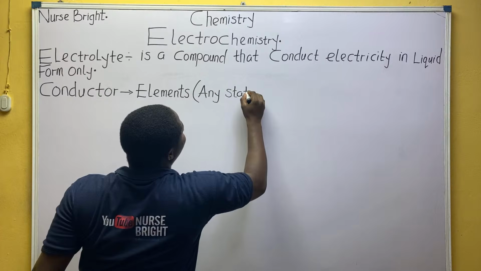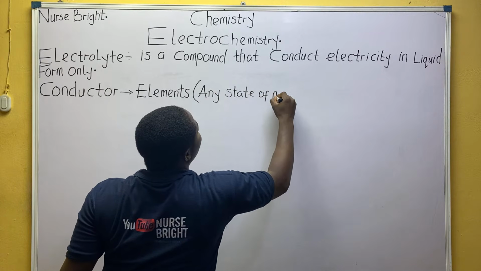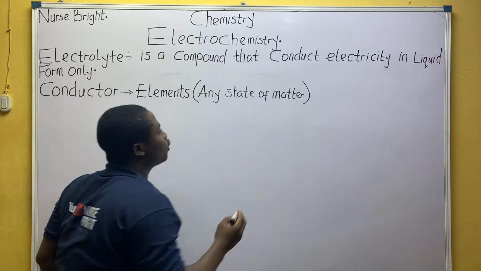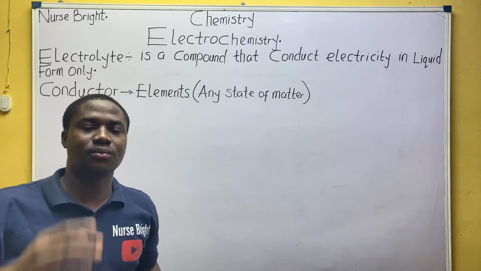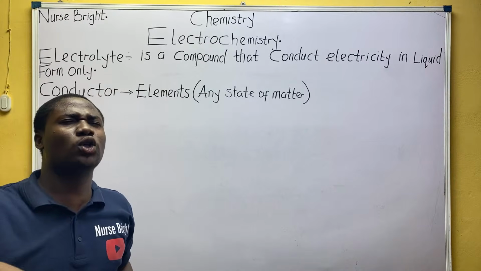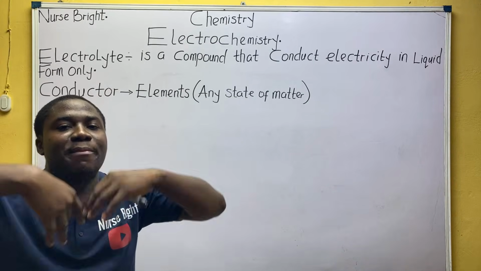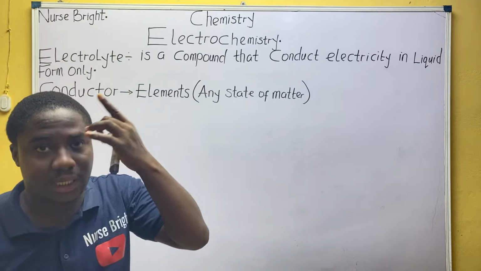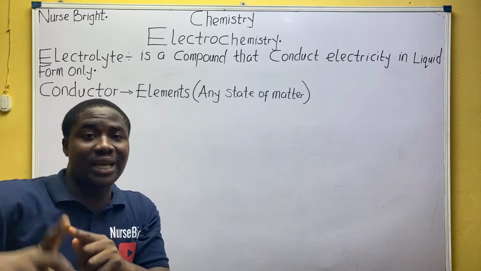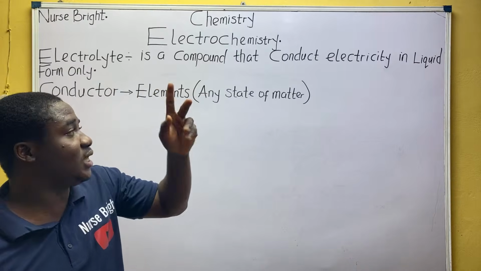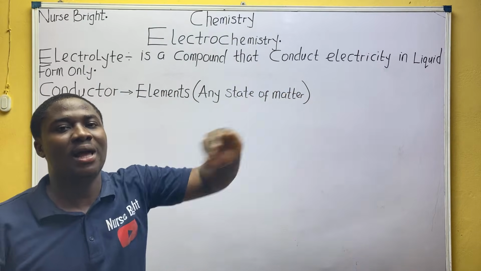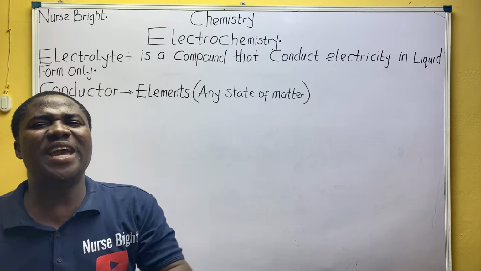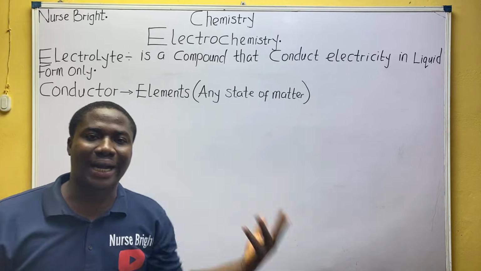So you can see that I have basically differentiated between an electrolyte and a conductor. Their similarity is that they both conduct electricity. But one of them conducts electricity in liquid form, and the other conducts electricity in any state of matter, be it solid, liquid, or gas.